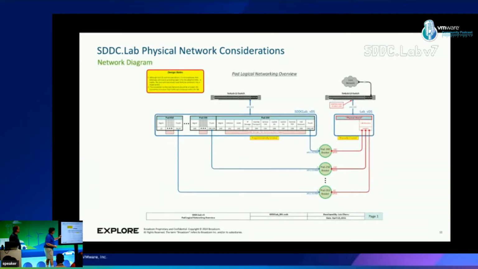So here's a diagram I put together. Here's our layer 3 switch. Here's our VIOS router. We have the uplink, which you manually configure. Here are the port groups that are automatically, programmatically created for you by the SDDC Lab. If it does not exist, the first time you run it, it will spin up and create all of the appropriate port groups that are needed for your pod.